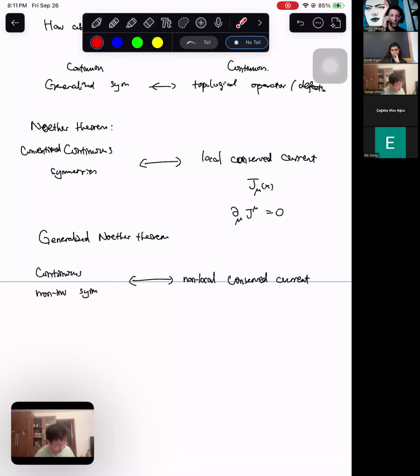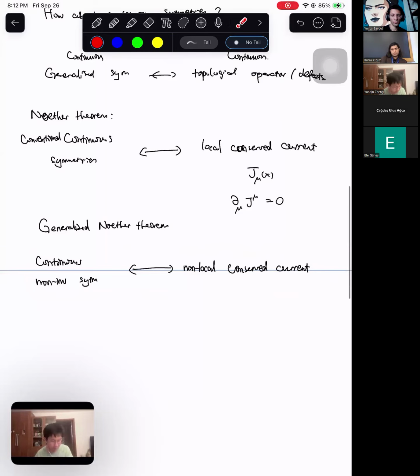And the goal of this talk is to explain this correspondence. Once we understand this correspondence, we can try to use it to help us find new examples of continuous non-invertible symmetry. Okay, so this is the idea.